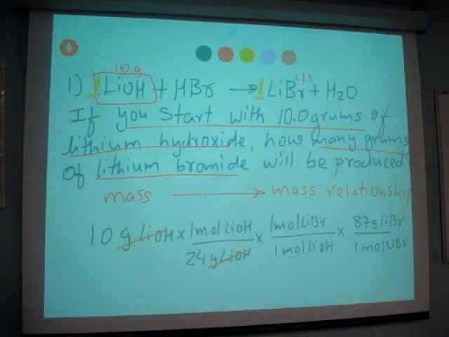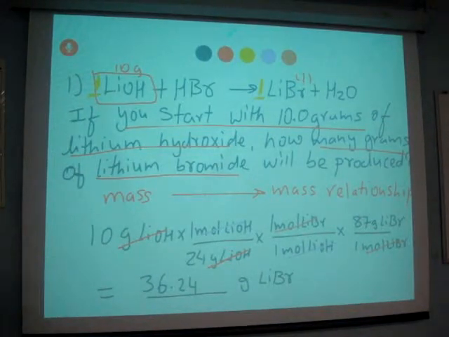When you do that, you cancel moles of LiBr and finally you get grams of LiBr. When you calculate 10 times 87, 870 divided by 24, you get 36.24 grams of LiBr.